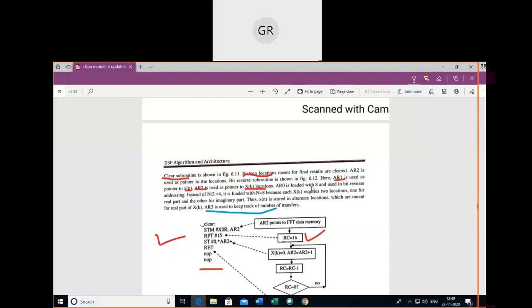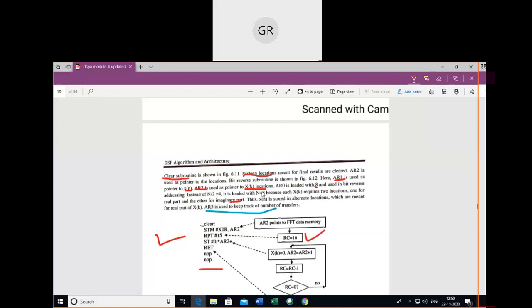AR0 is loaded with 8 and used in bit reverse addressing. Here, instead of n divided by 2 equal to 4, it is loaded with n equal to 8, because x of k requires two locations, one for the real part and the other for the imaginary part.